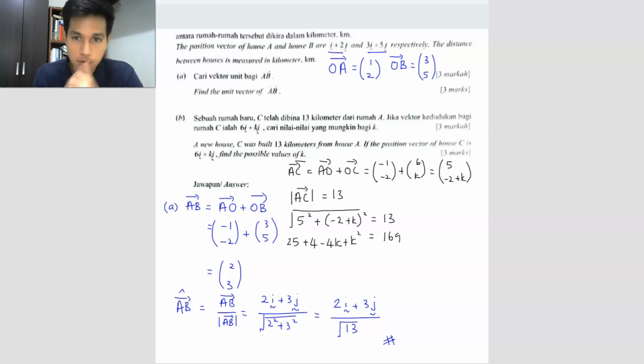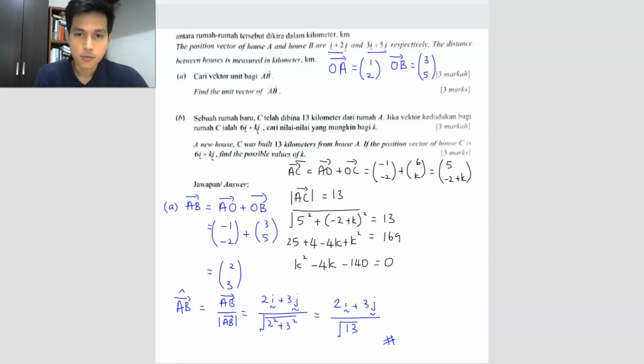You know it's going to form a quadratic equation because you have k squared and also k. So you get k squared minus 4k, plus 25 plus 4 minus 169, which is negative 140, equals 0.